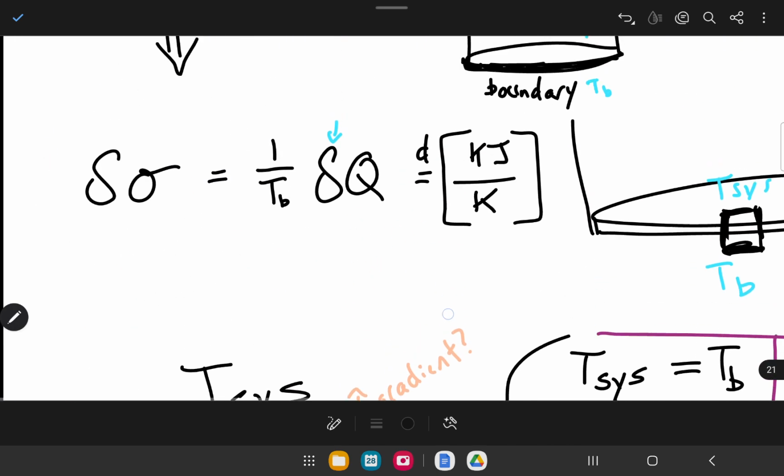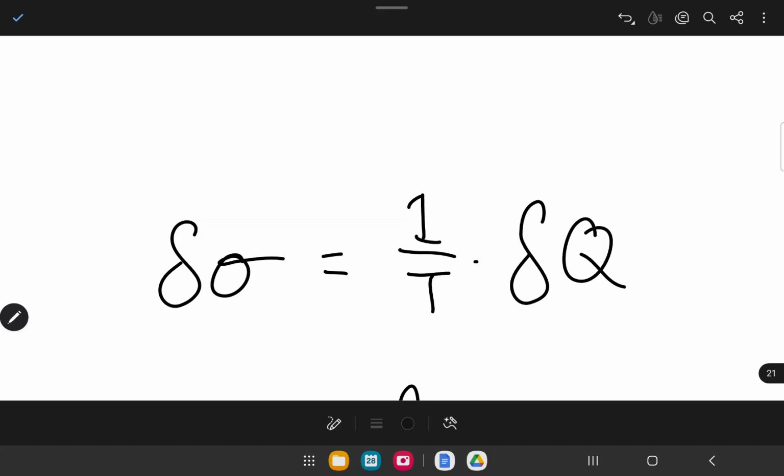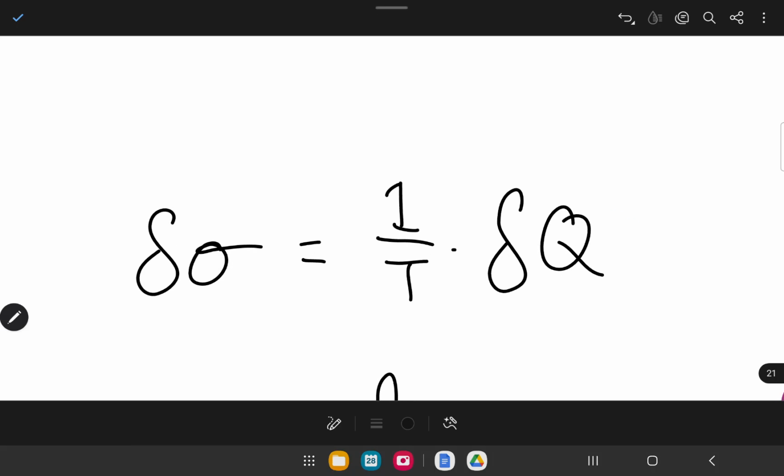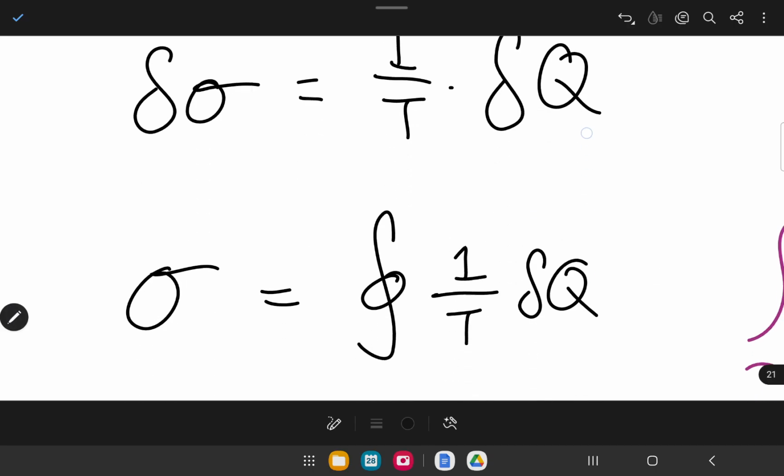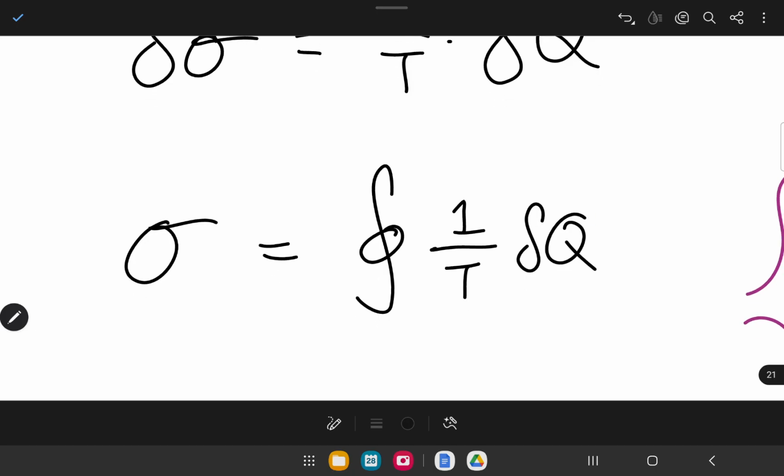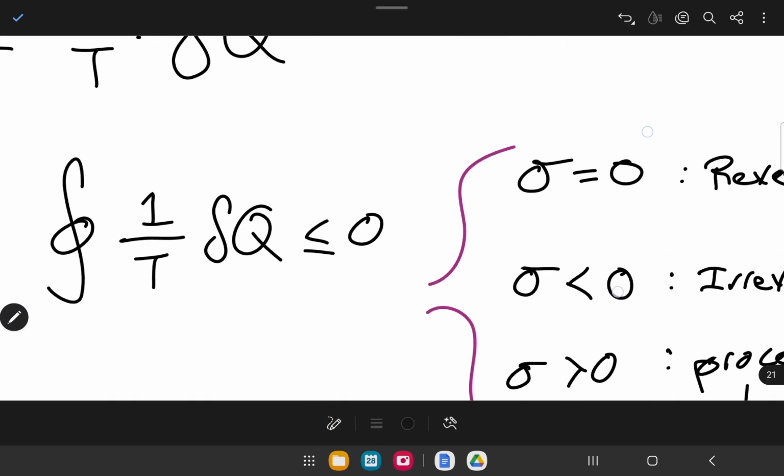A second ago, we were looking at these differential elements. And if you watch the video on cyclic integrals, we can take the summation of all these differential elements with a cyclic integral like this. And this is exactly what we saw in class, where this is going to be less than or equal to 0.